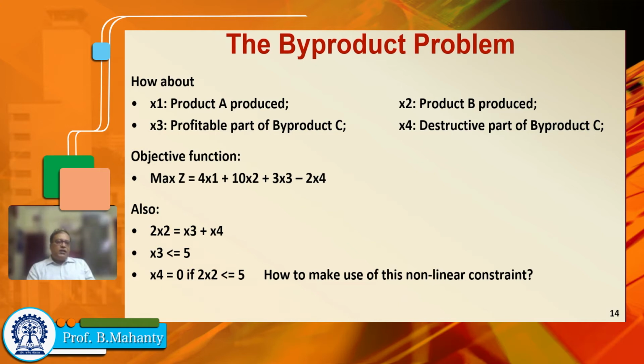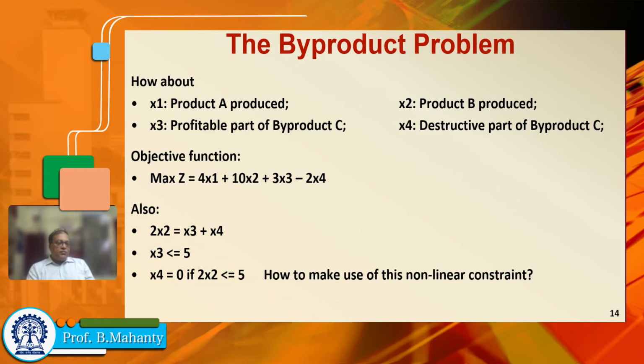Now x3 should be less than equal to 5 and x4 should be the rest of it. Now the question is that x3 cannot be more than 5. But nowhere are we saying that, suppose, x3 equal to 3 and x4 equal to 7 is not possible.